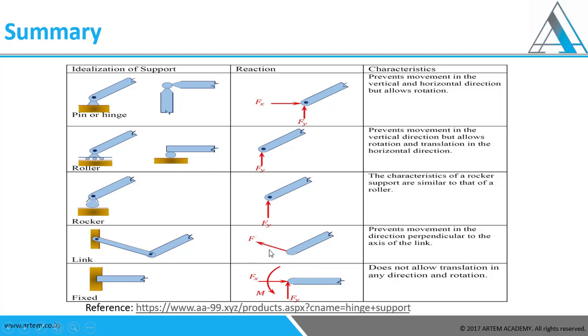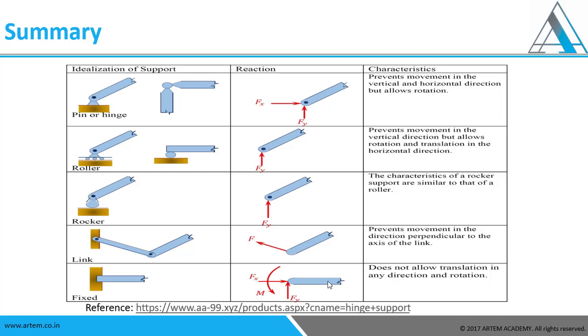Whereas fixed support has forces in all three directions and also moment. This is considered as a 2D effect. If we have 3D, we have to consider the Fz condition also. To avoid confusion, we are giving it in terms of 2D for a better idea.